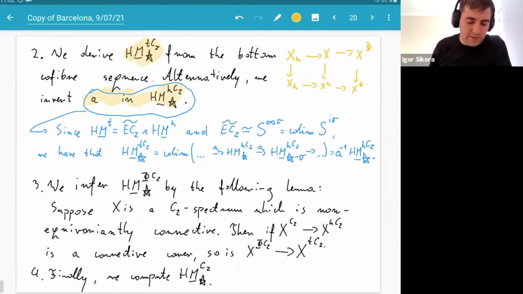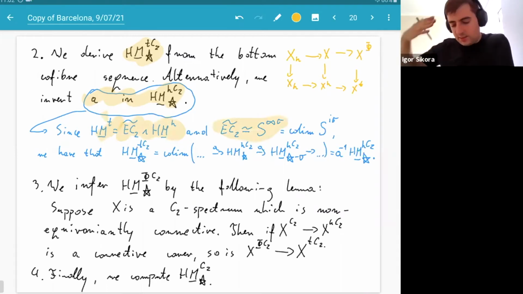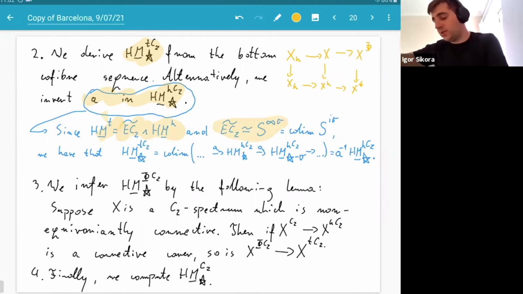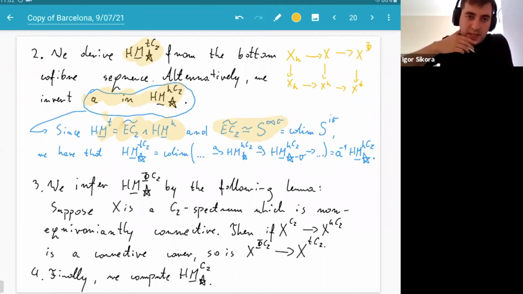This is due to the fact that the Tate spectrum is defined as EC2 twiddle smashed with the Borel completion, and EC2 twiddle has a very nice model as S to the infinity sigma. This is a representation sphere of an infinite sum of copies of the sign representation.